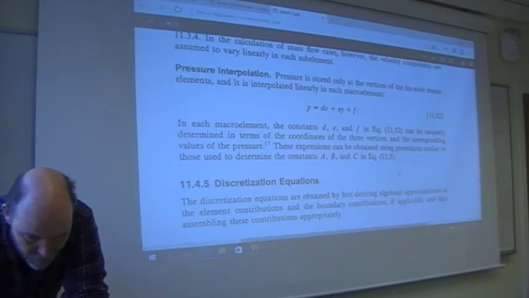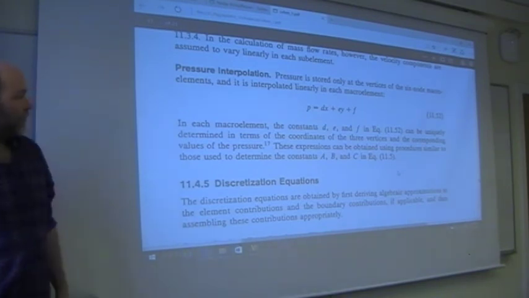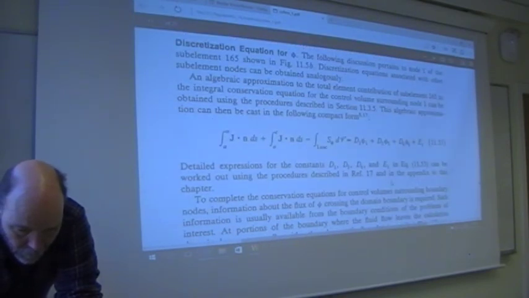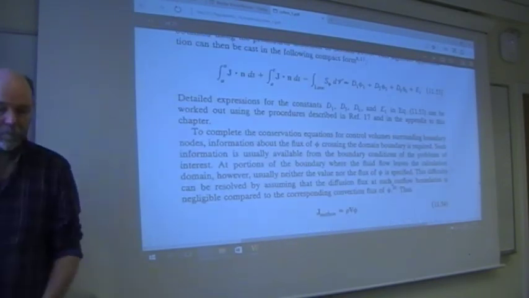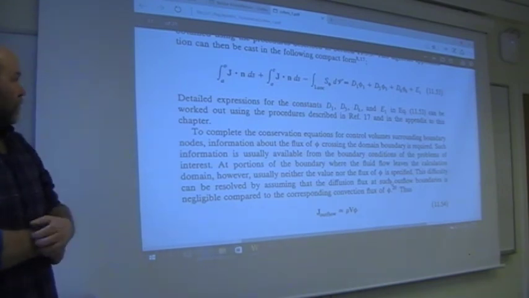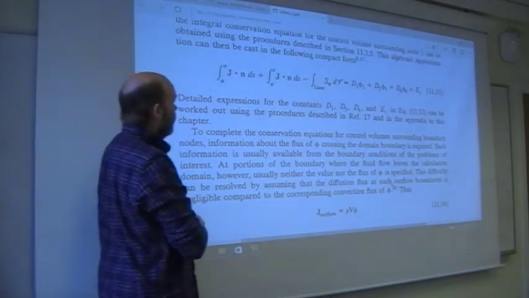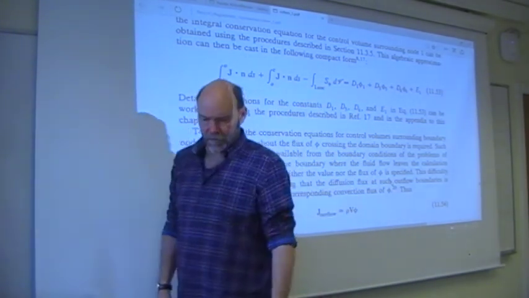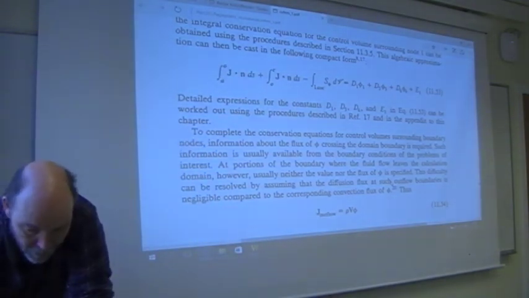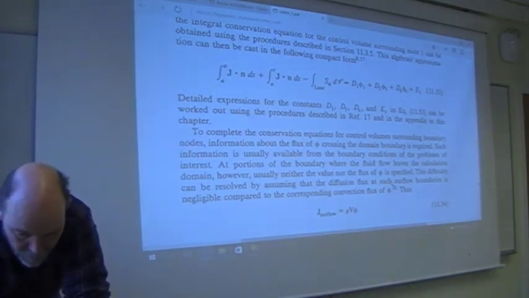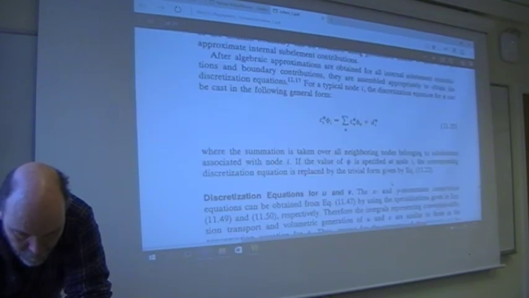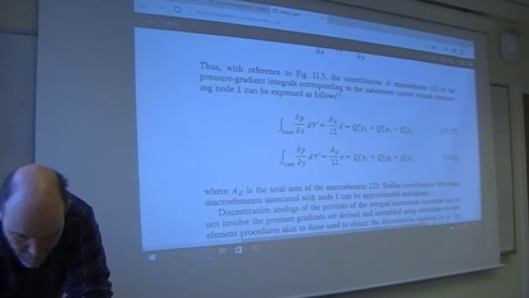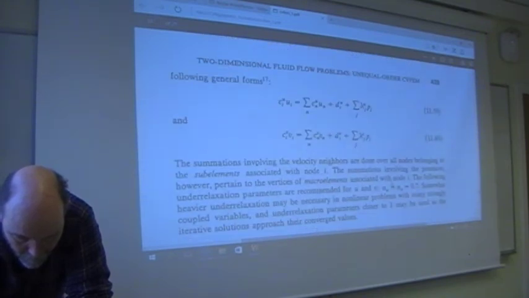So linear interpolation for everything, pressure, velocities, the unknown phis, whatever they are. And you end up, as always, with this equation system. Your line integrals end up with coefficients, which should be constants independent of the solution. Lot of coefficients.